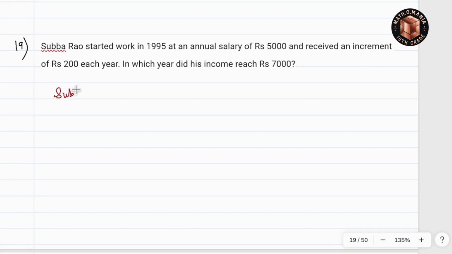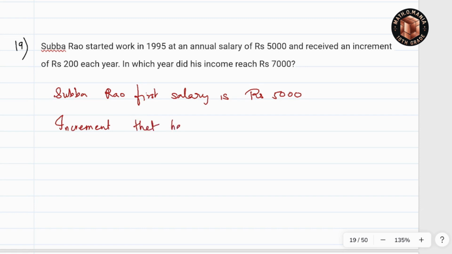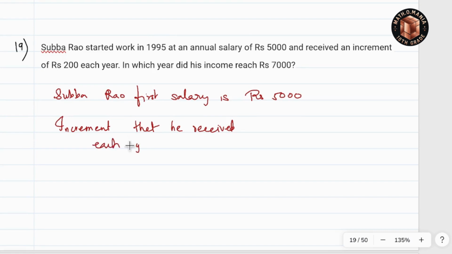Subarao's first salary is rupees 5,000, right? And the increment that he received every year is rupees 200.